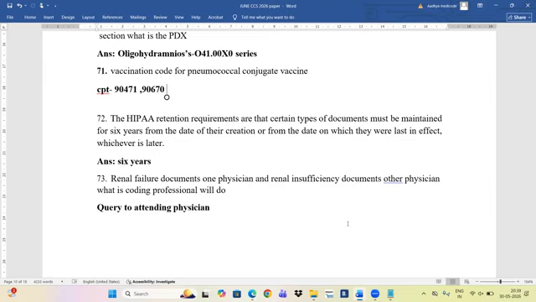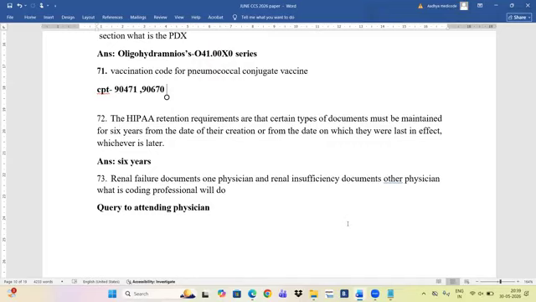Under vaccination, pneumococcal conjugate, if you look, you will get 90670 for 13 valent. If they do not mention any valent, we need to go with the minimum valent. You will get 13, 20, 21 valent like that. So first vaccine immunization 90471, then pneumococcal conjugate vaccine 90670.